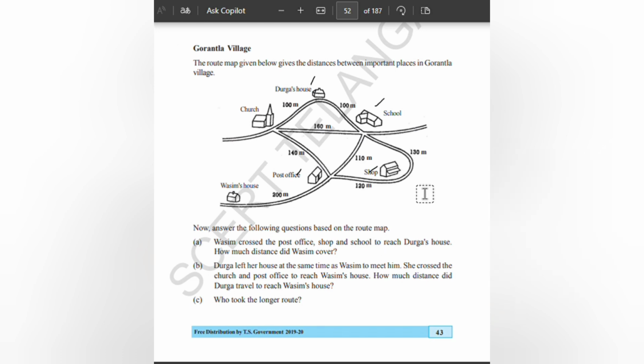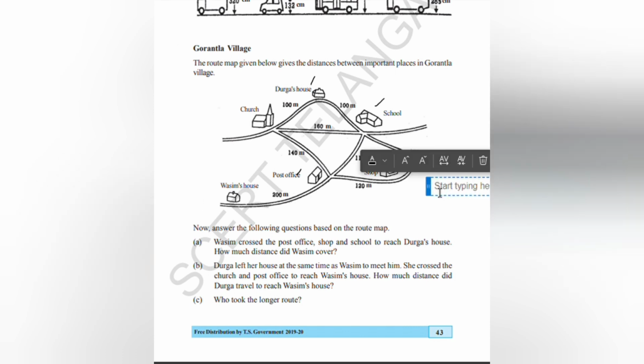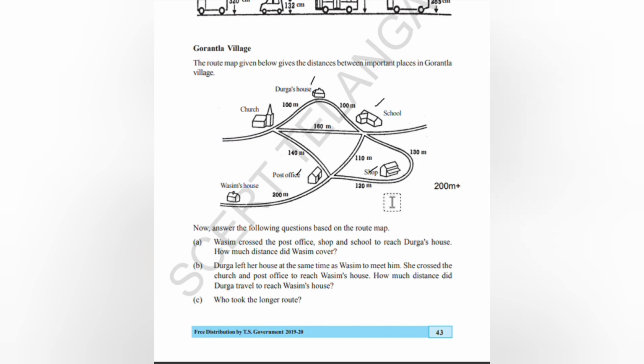Post office. How much is the distance of the post office? Here is Wasim's house. Post office is 200 meter. So we write here 200 meter, plus we have to add. Then shop. Here is the shop. The distance given here is 110 meter.